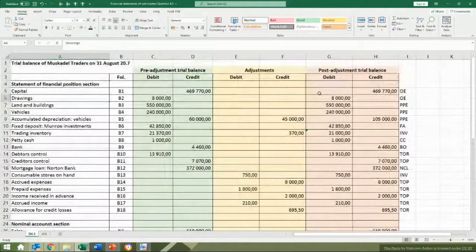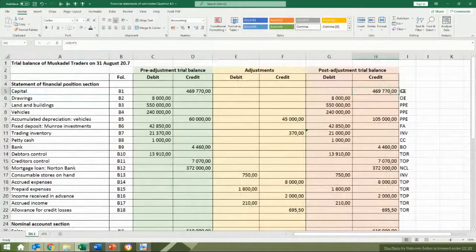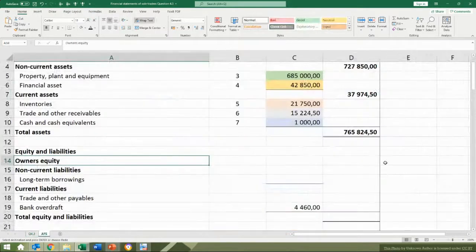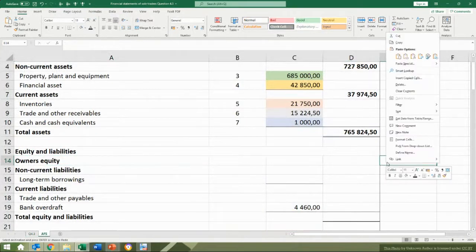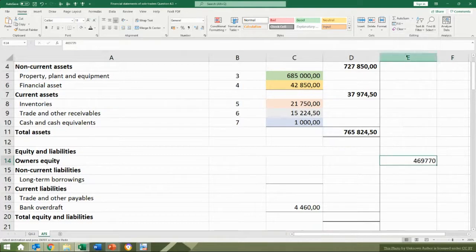So I took the capital amount of 46,469,770 and the 8,000. Okay, so I took that. Drawings is deducted from that, which is the 8,000.